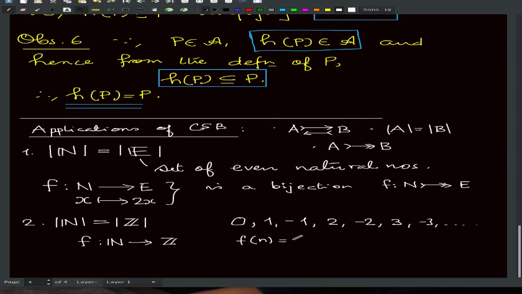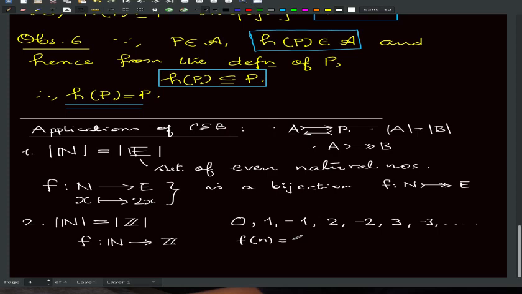Remember, we said that our natural numbers would start from 0. So natural numbers are 0, 1, 2, 3, 4, and so on. Would we have a split function? Yeah, obviously.